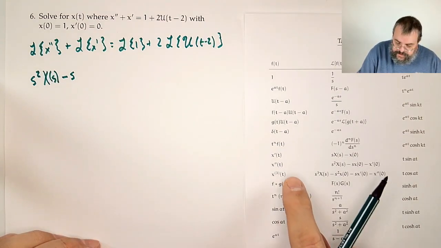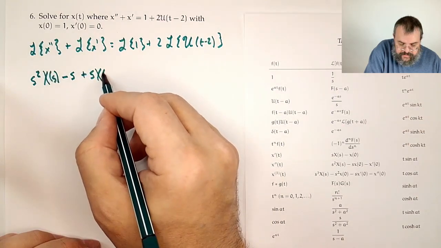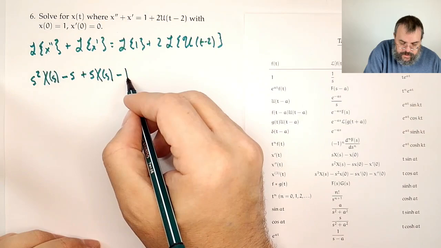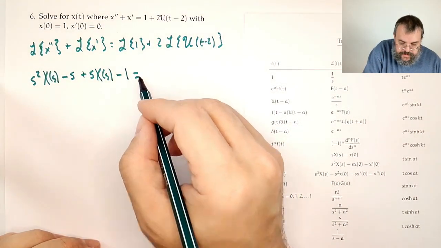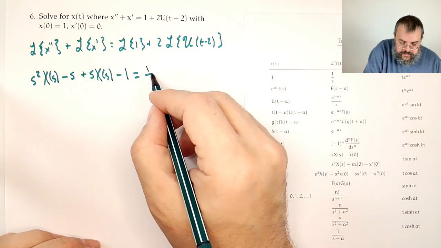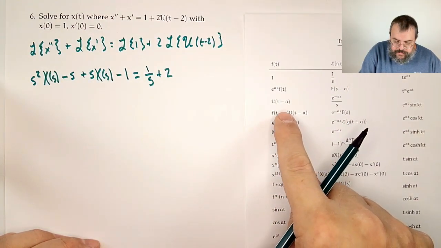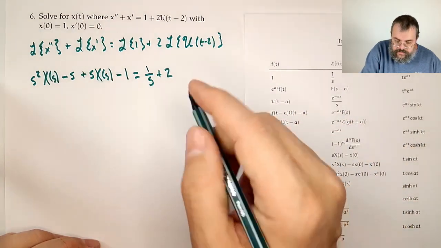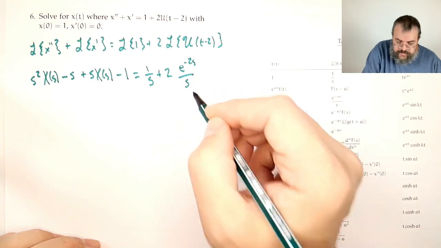The Laplace transform of x prime will be s x of s minus 1. Yep. Equals the Laplace transform of 1, which is 1 over s, plus 2 times the Laplace transform of u of t minus 2, well, that's e to the minus 2s over s.